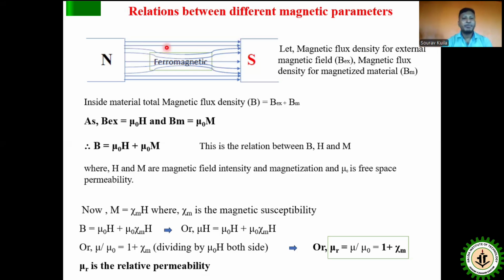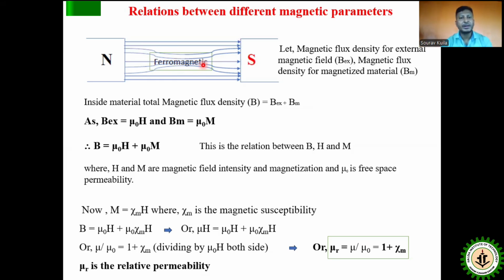Inside the magnetic material, the total magnetic flux density will be the flux density outside the ferromagnetic material plus the flux density due to magnetization of this material. When you place a ferromagnetic material inside a magnetic field, it gets magnetized, meaning it becomes another magnet, and from that magnet also magnetic field lines come out.